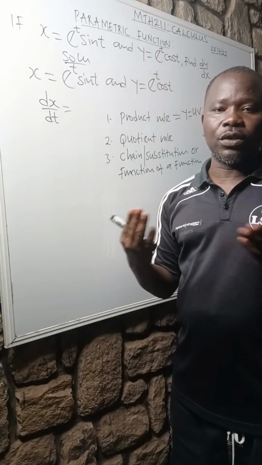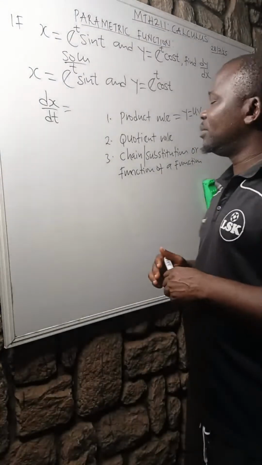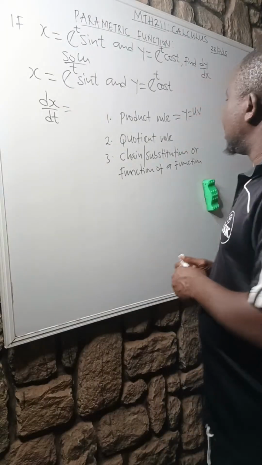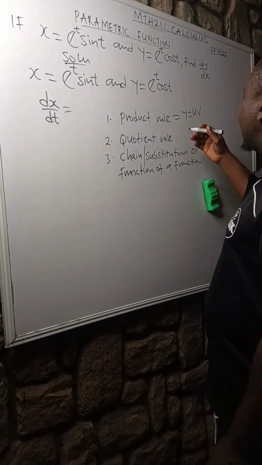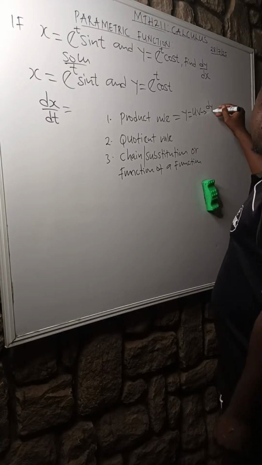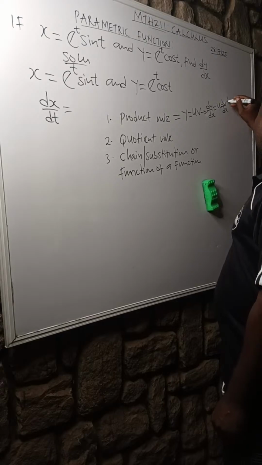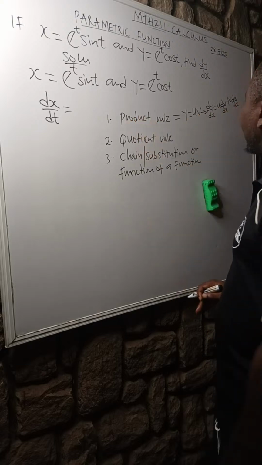So if two functions are multiplying each other, you don't need a prophet to tell you it means you are supposed to use the product rule, true or false? This is the formula for the product rule: dy over dx is equal to u dv over dx plus v du over dx.